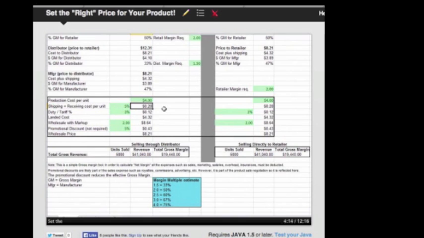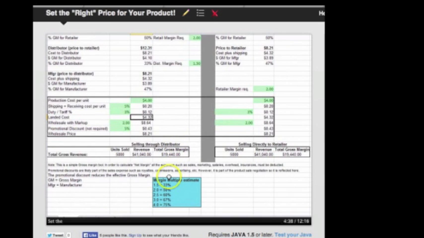And let's say also that your duty or tariff is an additional 3%. This will add 12 cents to your item. Therefore, your landed cost would be $4.32.